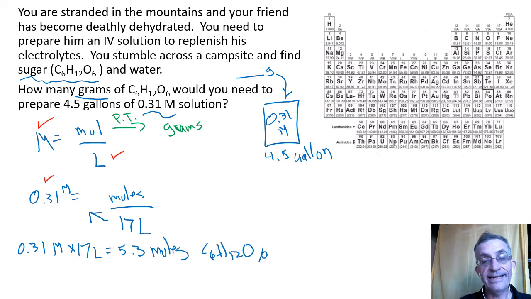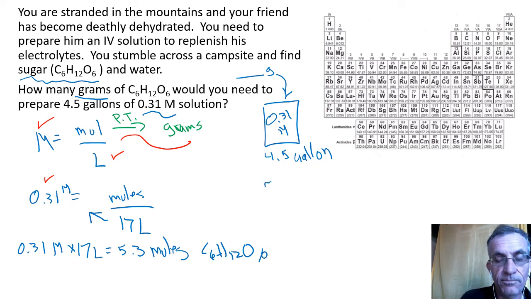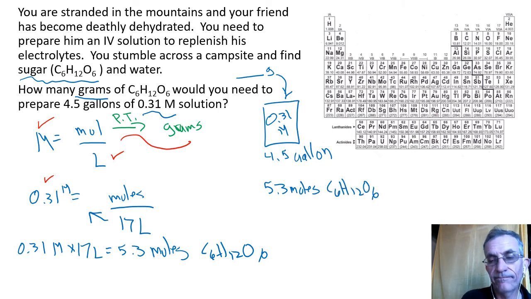So we've got to now go from moles to grams. We're going to use our periodic table. 5.3 moles of sugar, C6H12O6, is how many grams of sugar.